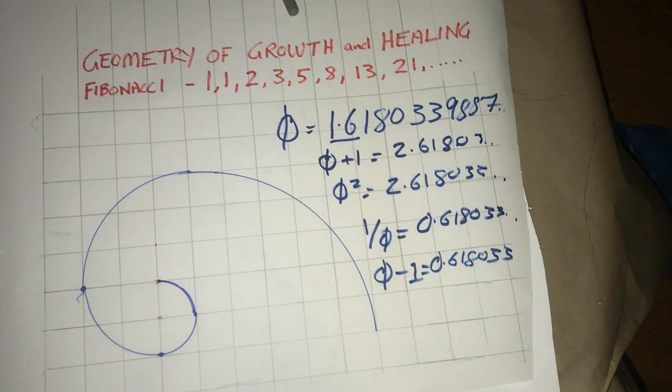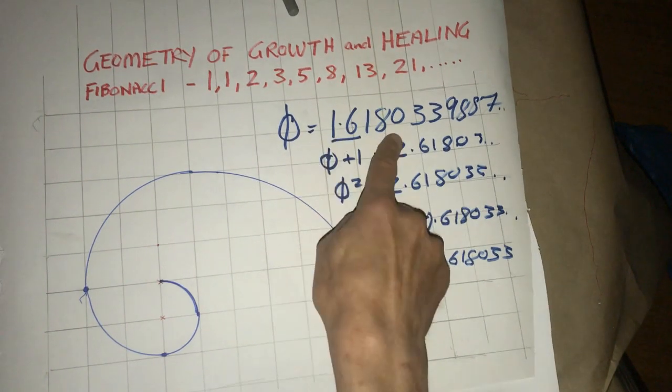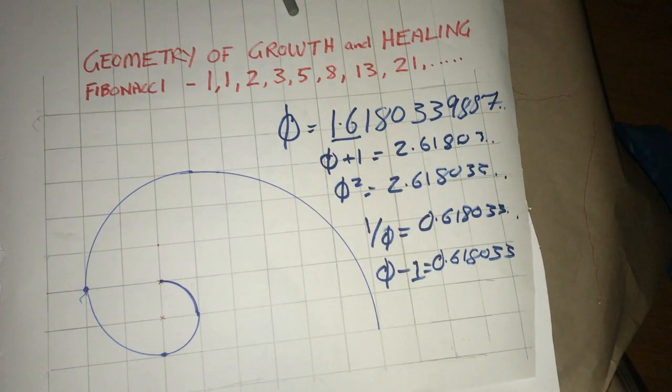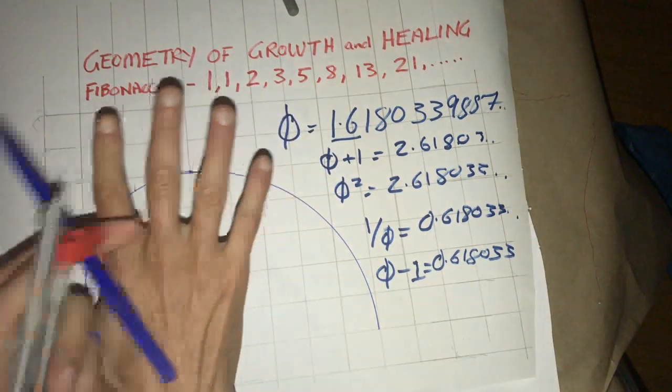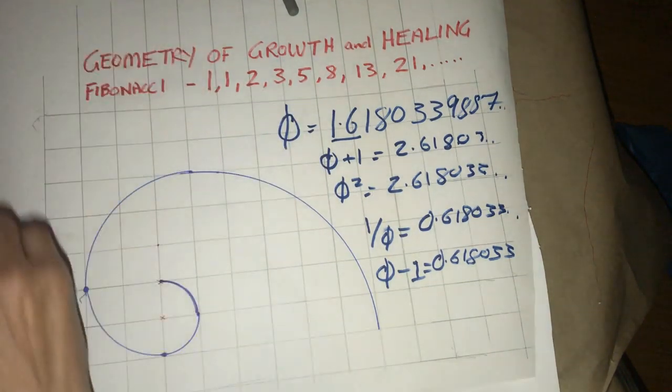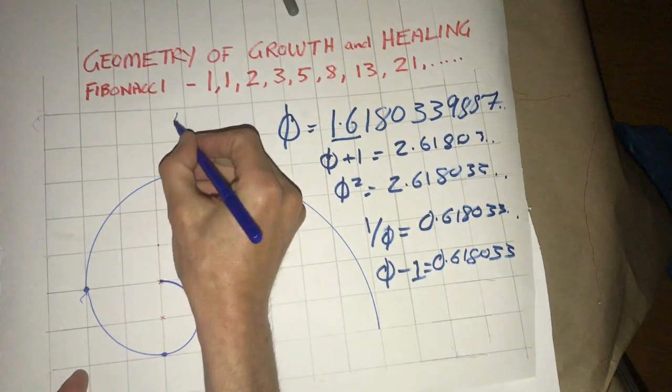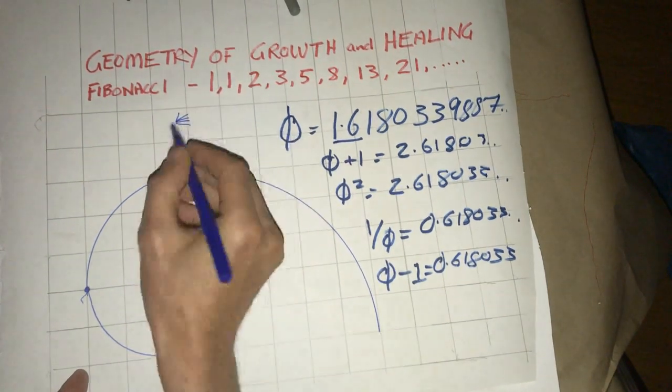But even the proportions, especially in the human body, the amount of the golden ratio in the human body is, especially 5 fingers. So 1, 2, 3, 4, 5.